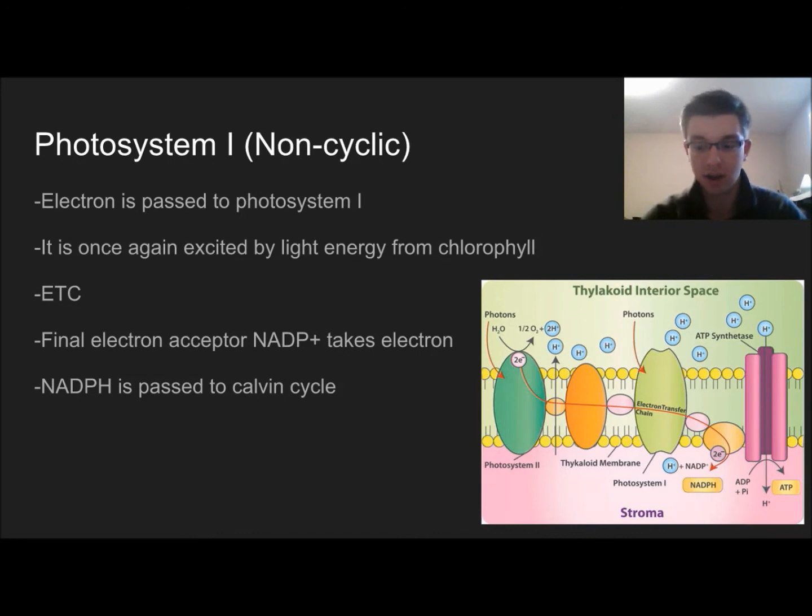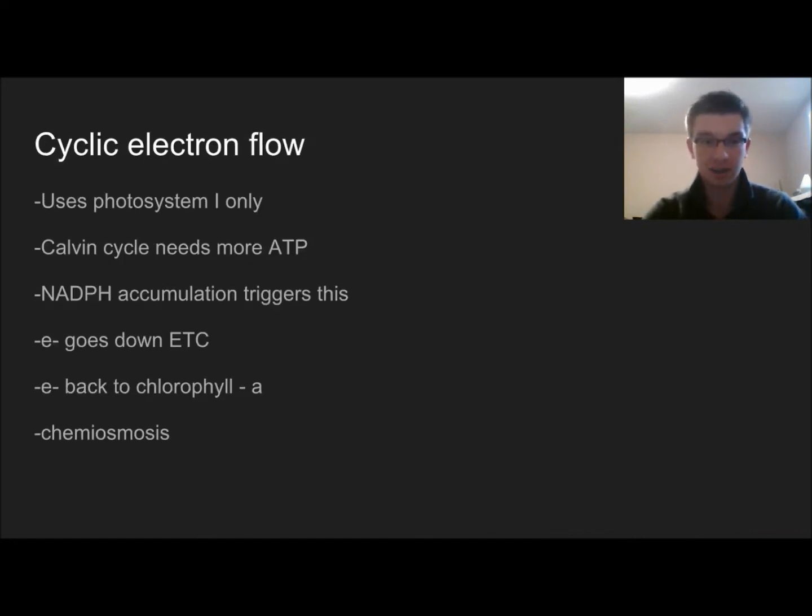And that is the end of our light reactions. But sometimes NADPH piles up, and we need some more ATP. So then we get into cyclic electron flow. So it only uses photosystem 1. The Calvin cycle needs more ATP than can actually be produced, so NADPH piles up.